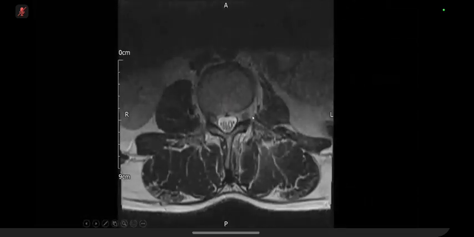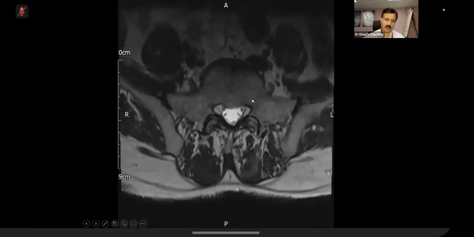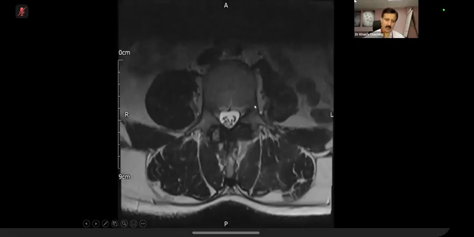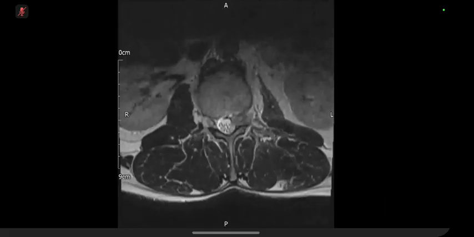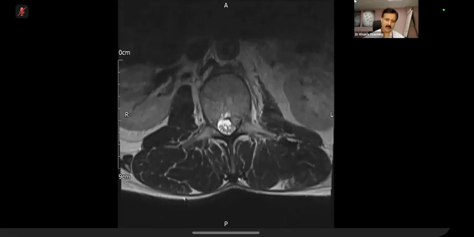Was that the level? Okay, just one second, please. So we are down here. We can see the L5 level, and now we are going up, right? So it's the superior most. This thing here. You see this thing? Yes.